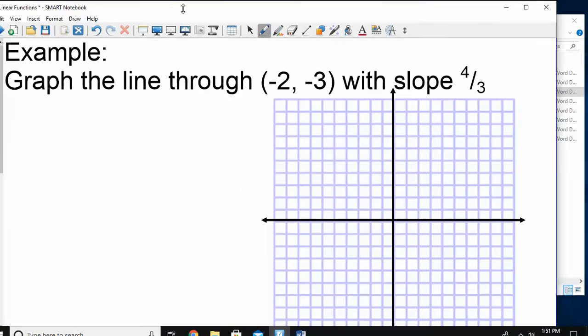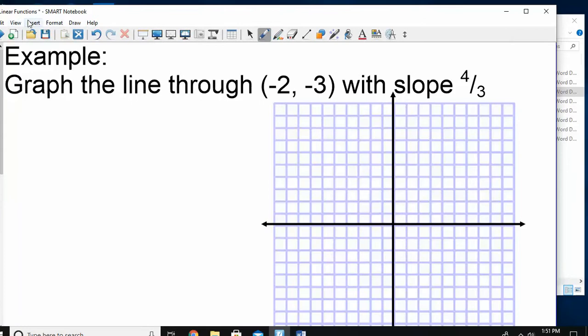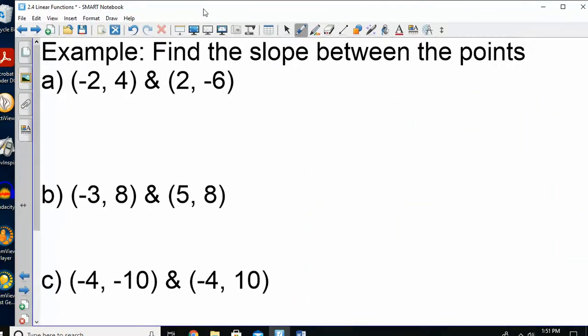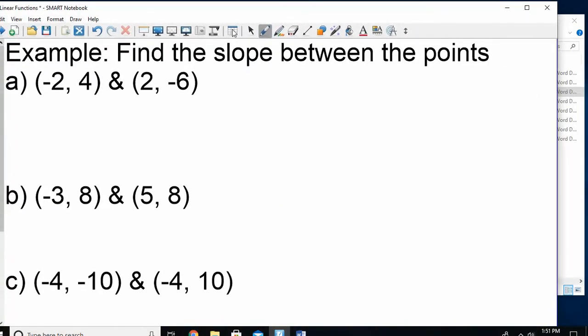Oops, that's not what I want to do. Let's find the slope between 2 points.